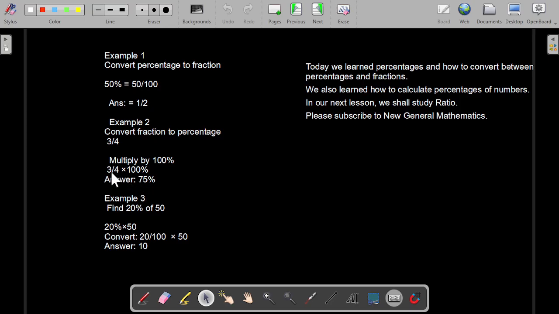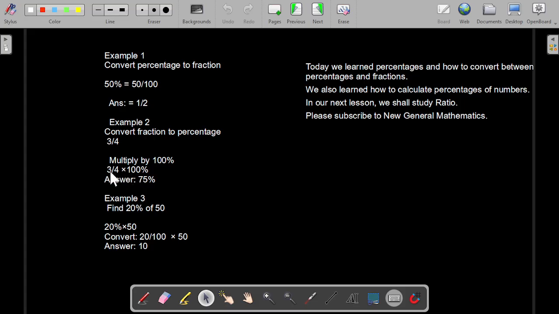Now, when you have a number like this, 3/4 multiplied by 100, this 100 in mathematics has an invisible 1 under it, which is over 1. We are not going to put the 1 there so that when you multiply, it's going to be easy for you.